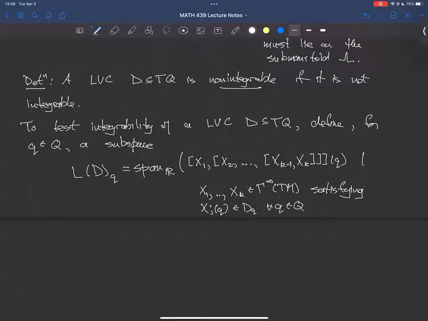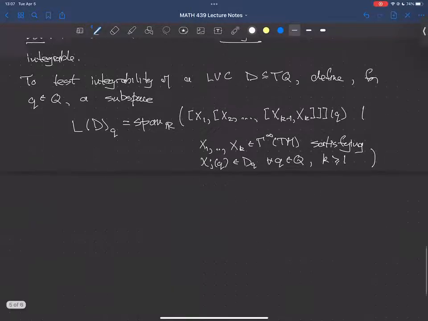And what's k? K is unrestricted. So that's a calculable thing in principle. You take some vector fields x1 up to xk that span each of the subspaces D, calculate a bunch of Lie brackets, and take the span of all of those, and that's this subspace L of D. I'll calculate this in the examples.